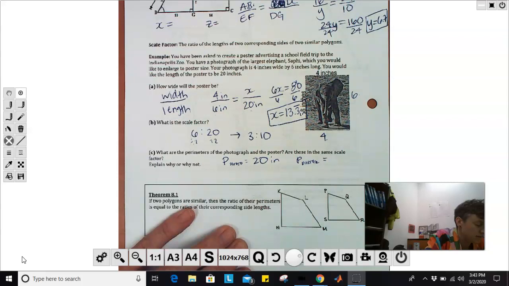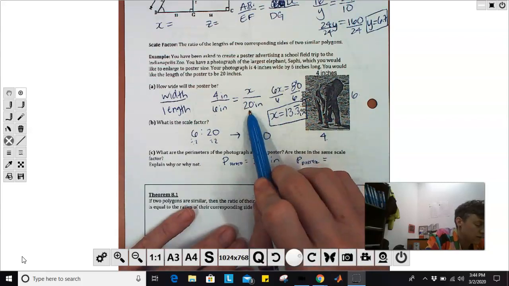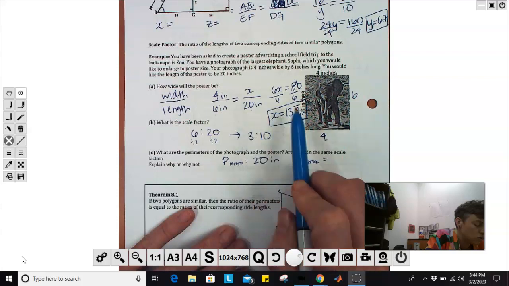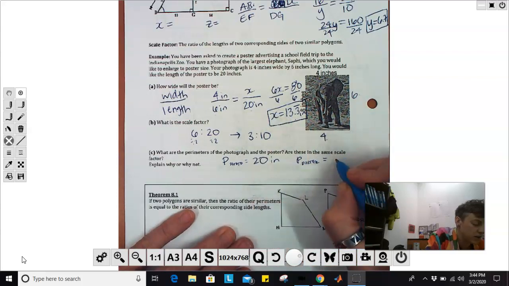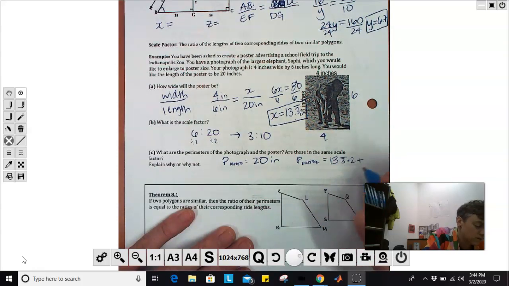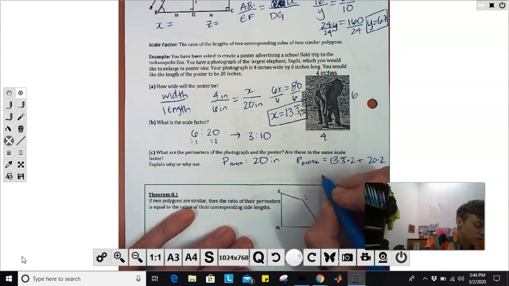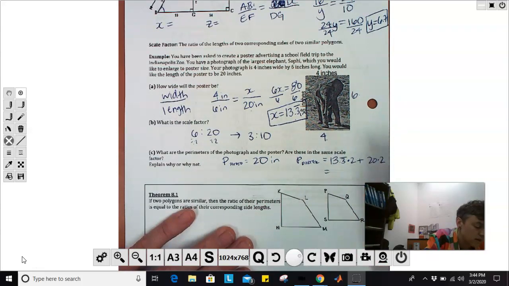is going to be, we've got 2 lengths that are 20, we've got 2 widths that are 13 1/3. So 13 1/3 times 2 plus 20 times 2 is going to equal 26 2/3 plus 40 is going to equal 66 2/3.